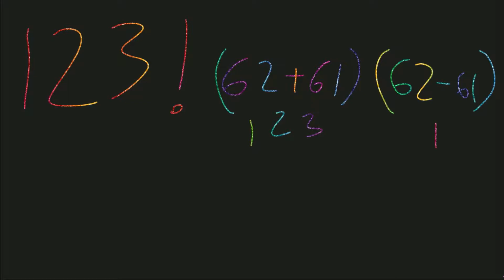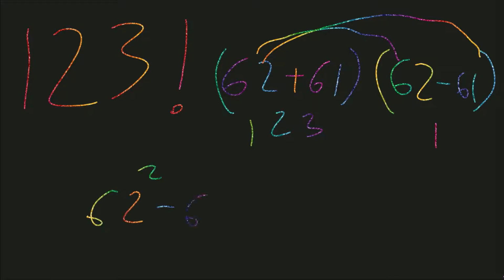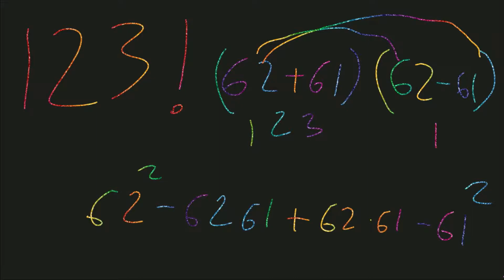When we have two binomials like this, we can multiply by the foiling method. When we expand this out, we get 62 squared minus 62 times 61 plus 62 times 61 minus 61 squared, and these two terms cancel each other out.